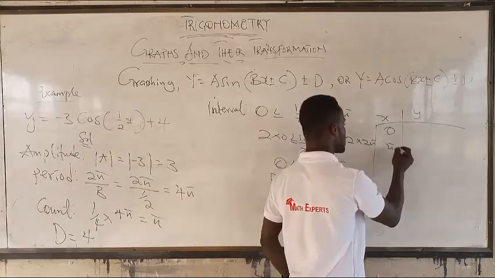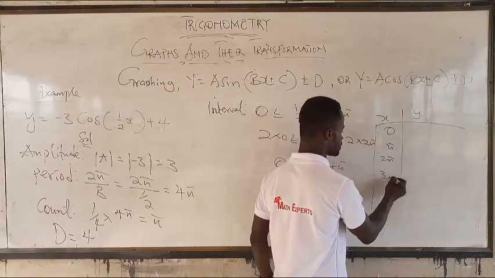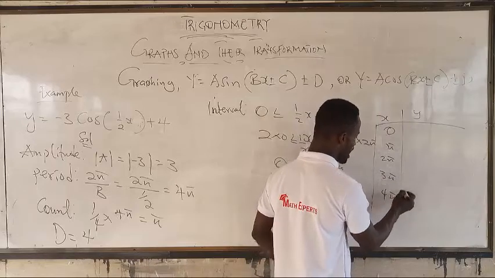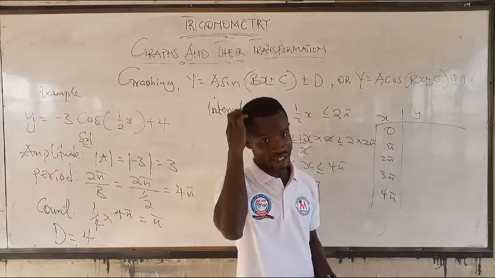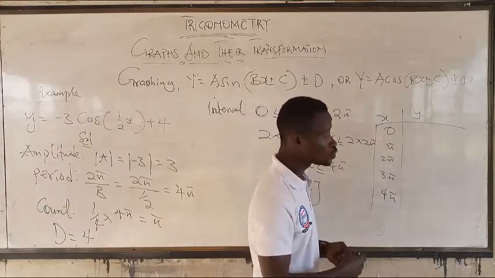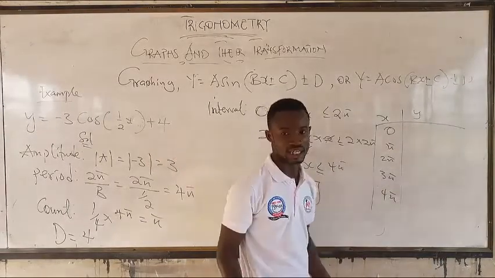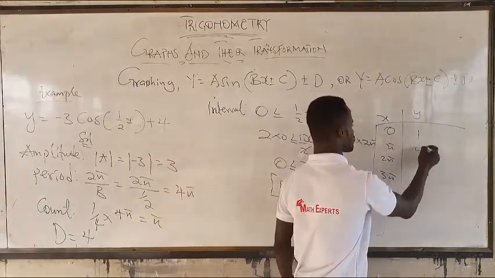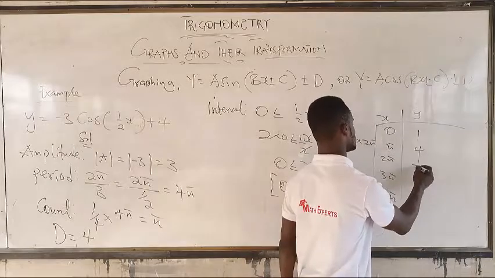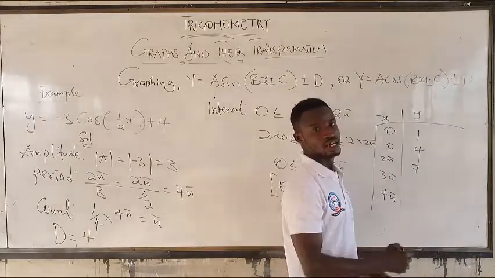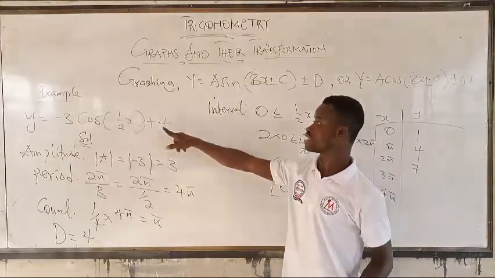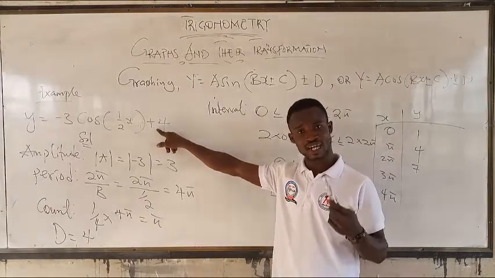So the next is pi, the next will be 2 pi, the next will be 3 pi, the next will be 4 pi, then we end there. And when you compute, wherever you see S, put the values there. You are going to get 1, 4, 7. Now please, include the plus 4 when you are computing on your calculator.